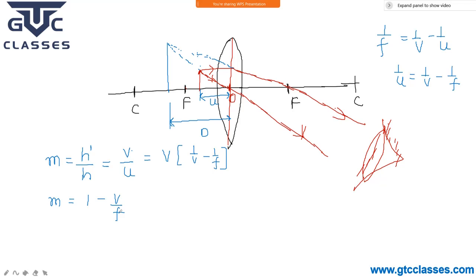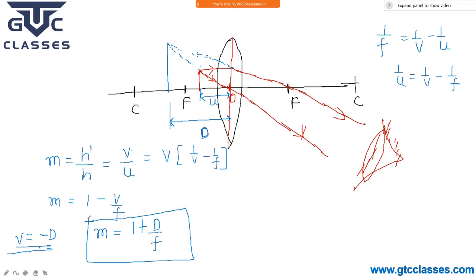Correct? Generally in this case we call this capital D, and this is on the left hand side because the image is getting formed on the left hand side. So v will be nothing but minus D. Plug it in. So we get the magnification power of this lens as 1 plus D upon f.